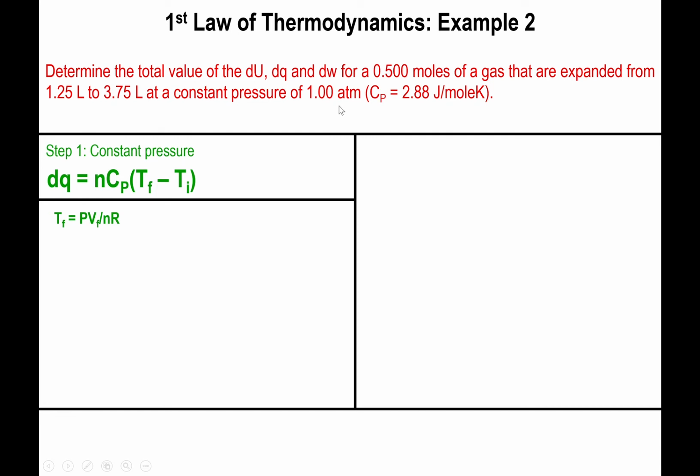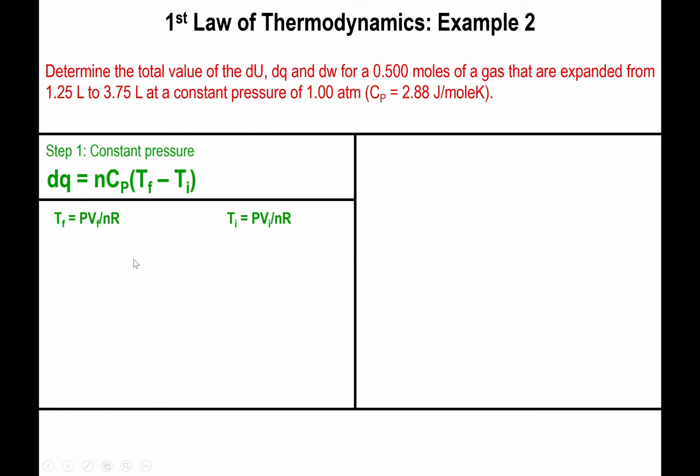And I kind of gave it away right there. What you're basically going to do is find out what these temperatures are, even though you weren't given the temperatures, by using the ideal gas law, PV equals nRT. Therefore, the temperature is going to be given by PV over nR. And right now, since you have the final volume and initial volume, you can calculate the final temperature and initial temperature in much the same way, PV divided by nR.